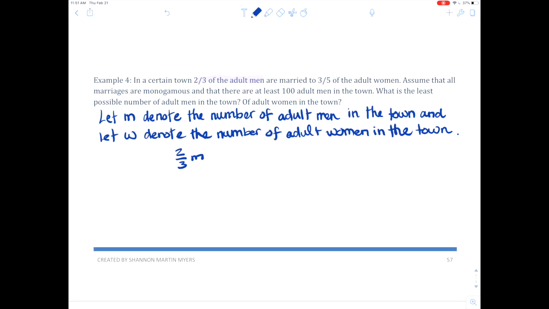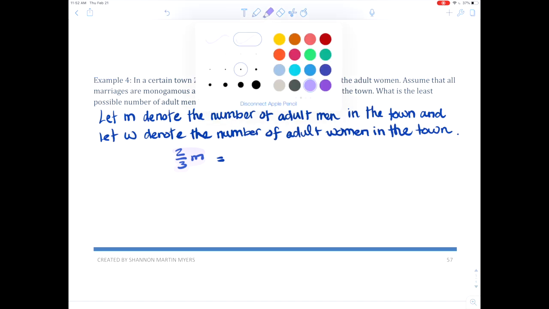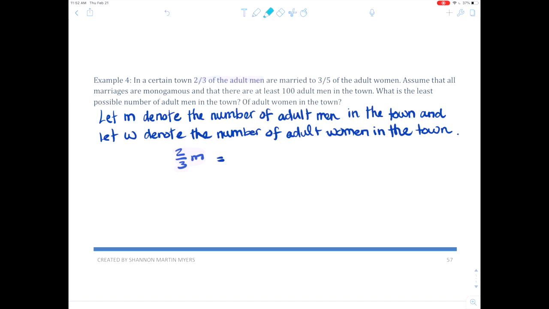And remember, monogamous means they're married to just one person, right? Not multiple wives or multiple husbands. So we could set that equal to what? Good. 3/5 of the adult women, right? So 3/5 of the adult women means 3/5 of W. Cool so far? Awesome.